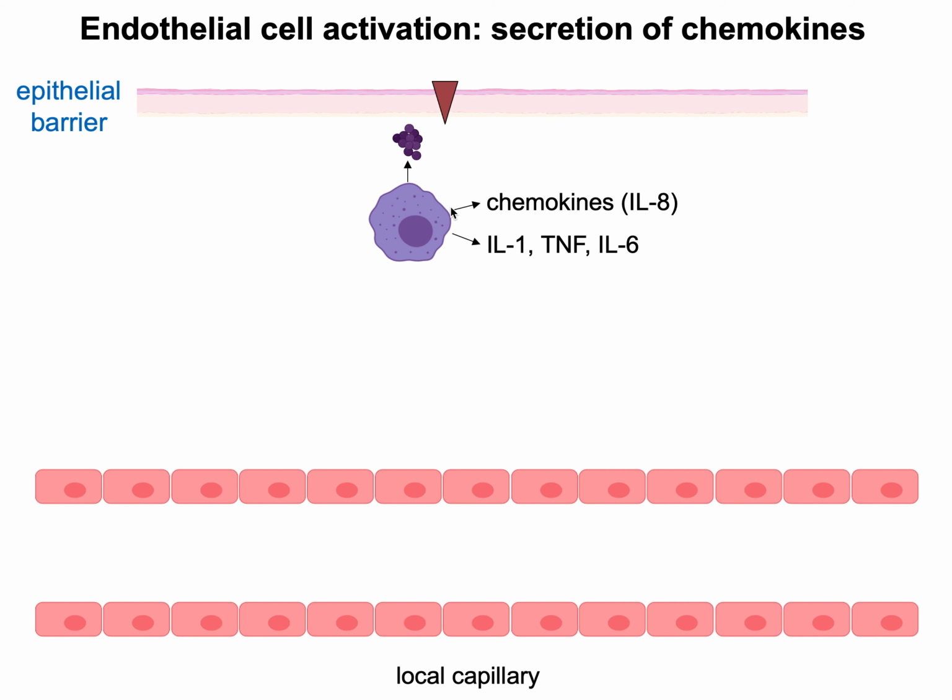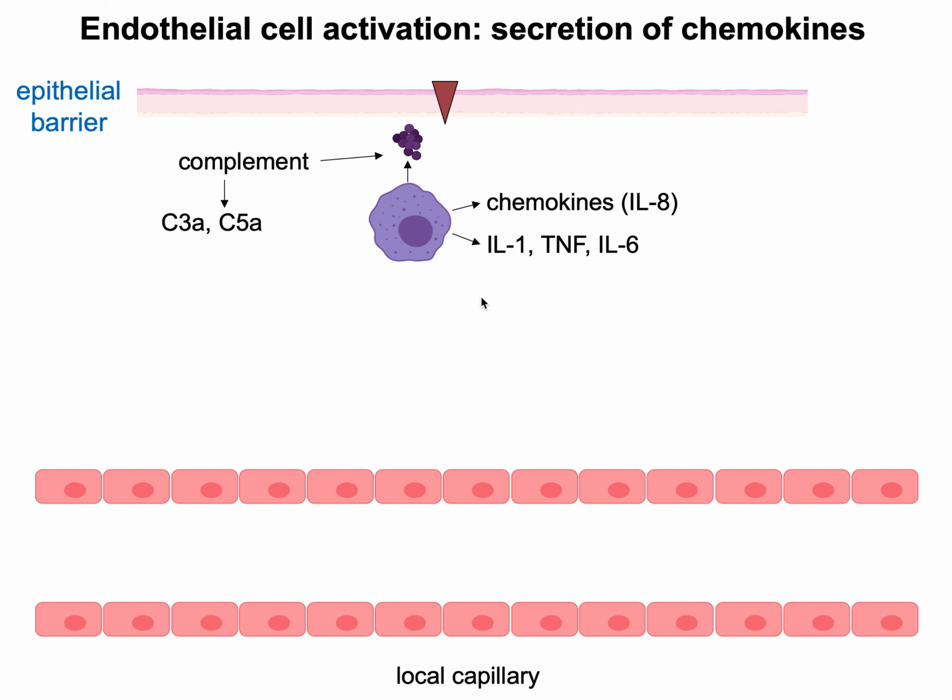And when that happens, these macrophages start to produce cytokines such as IL-1, TNF, and IL-6, as well as chemokines such as IL-8. And remember that at the same time, these bacteria are being exposed to complement within the interstitial fluid, and part of the result of that is the production of C3a and C5a.